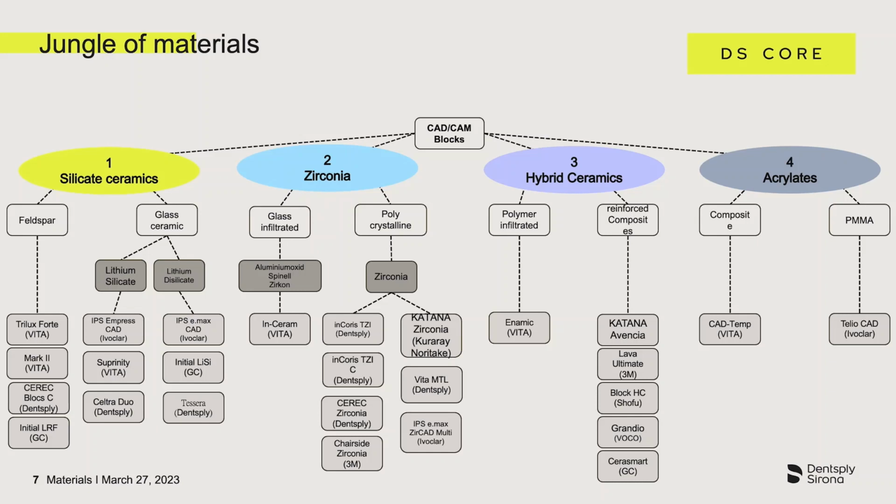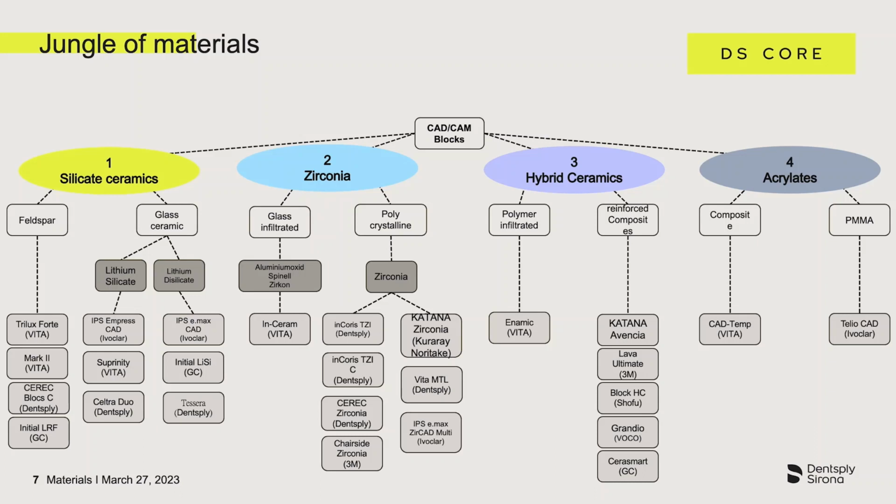The hybrid ceramics are divided according to their main components. This graphic subdivision shows us quite clearly that with Vita Enamic on the left side, there is basically only one true hybrid ceramic that is infiltrated by composite, while on the right side, we find the composite-based materials.